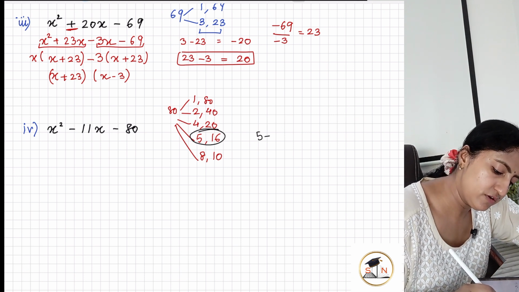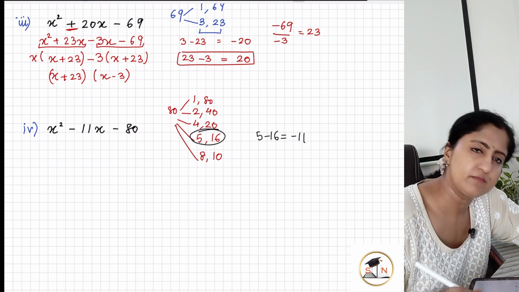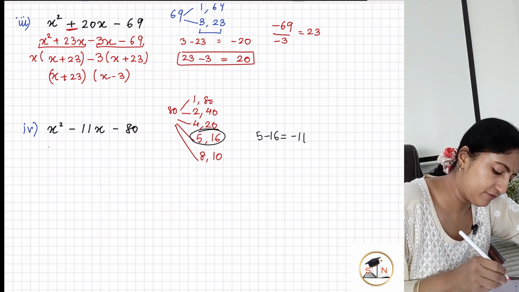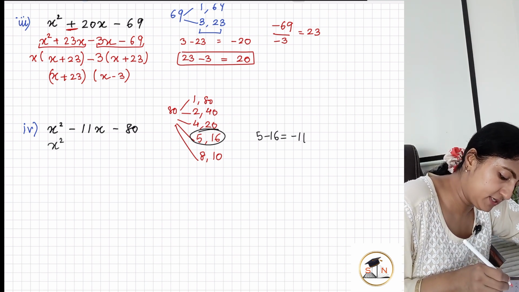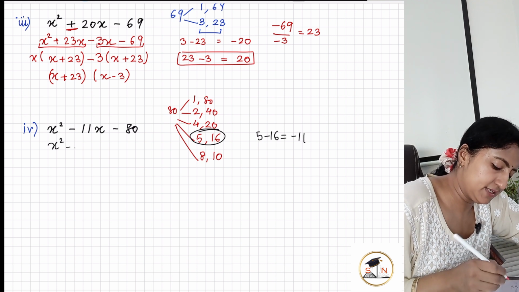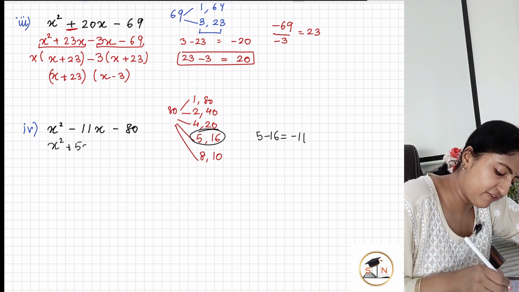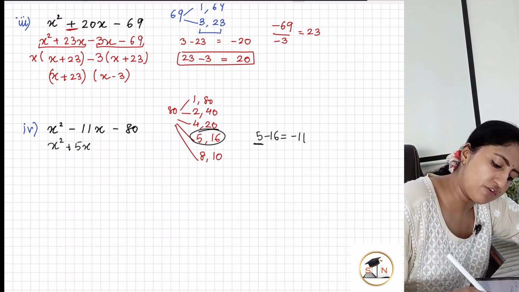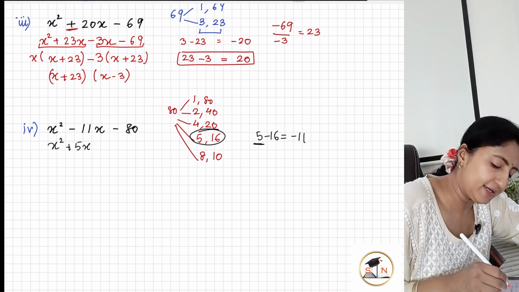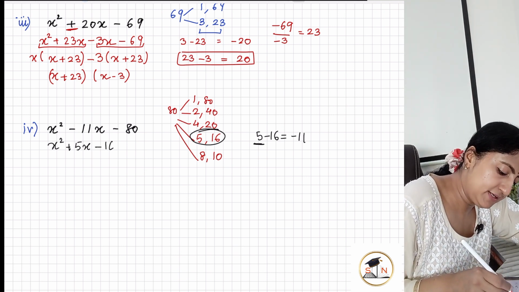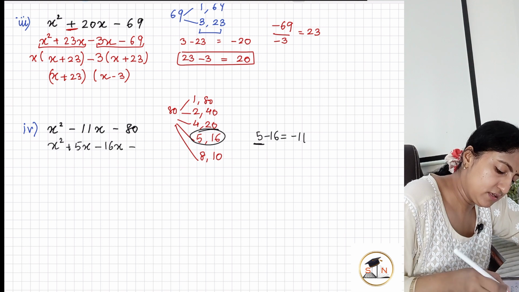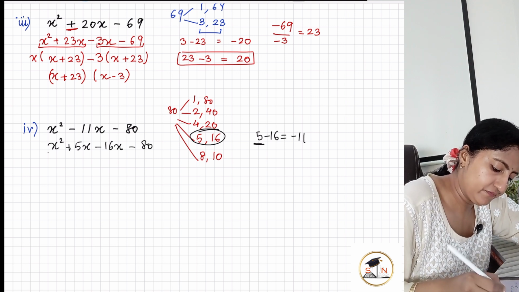If I do 5 minus 16, then it will give me minus 11, right? So here, how we are going to split the middle term: it is x squared plus 5x. We just saw 5 is supposed to be positive, so I'm writing plus 5x minus 16x minus 80.